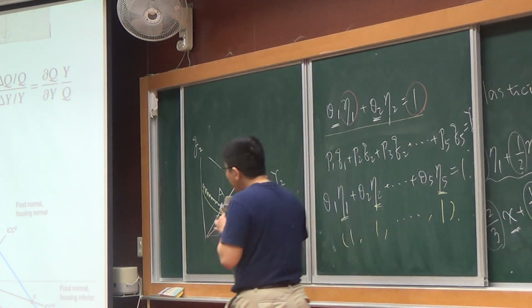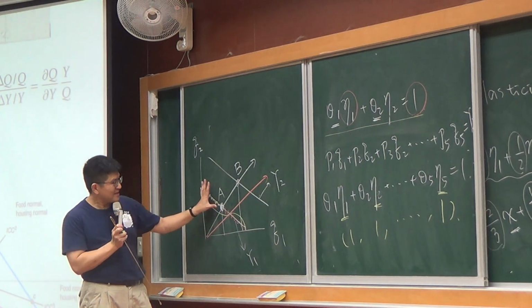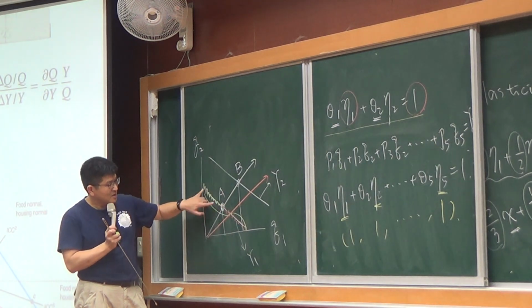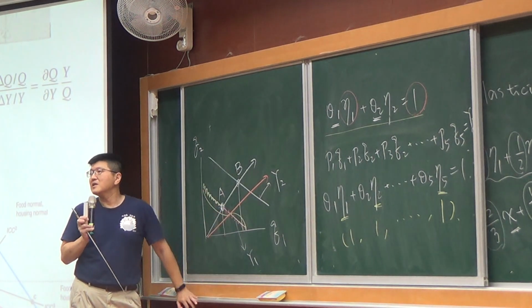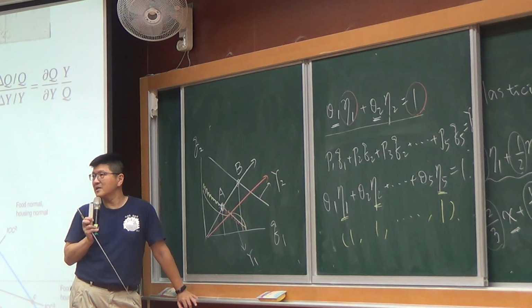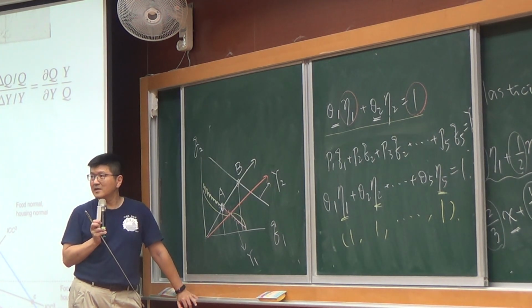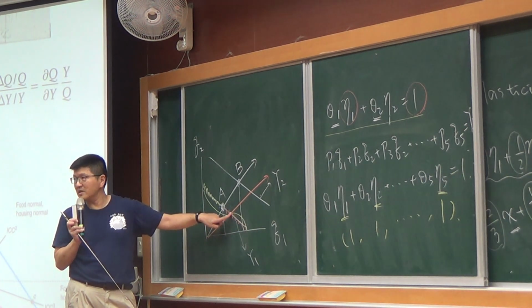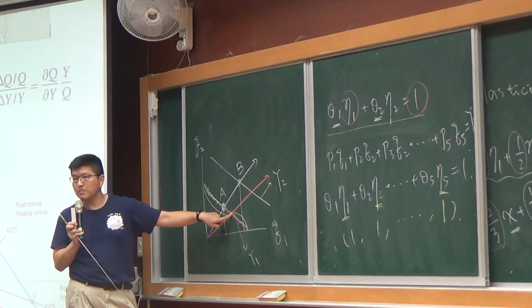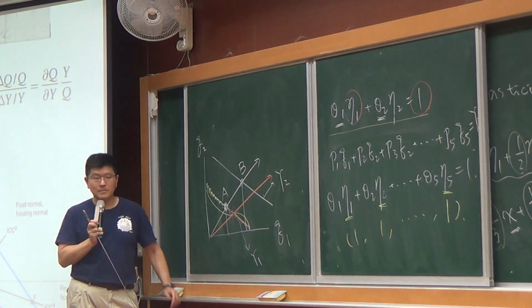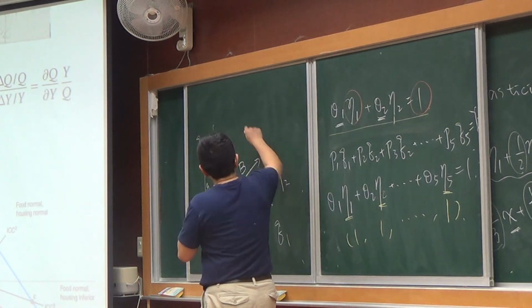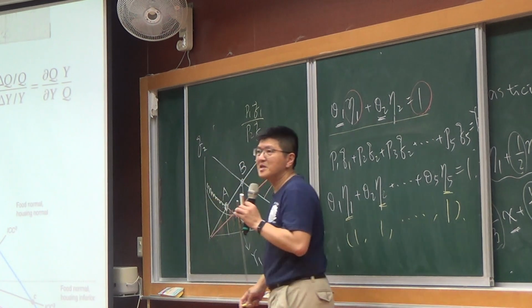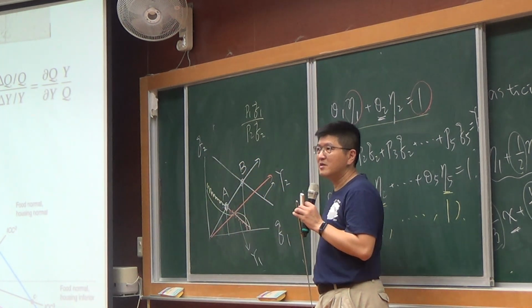How would you interpret the length of the optimal points to the other side, the length of the other side? This to this, if the optimal point is here. It must be about P1 Q1 over P2 Q2. It must be about the expenditure, right?